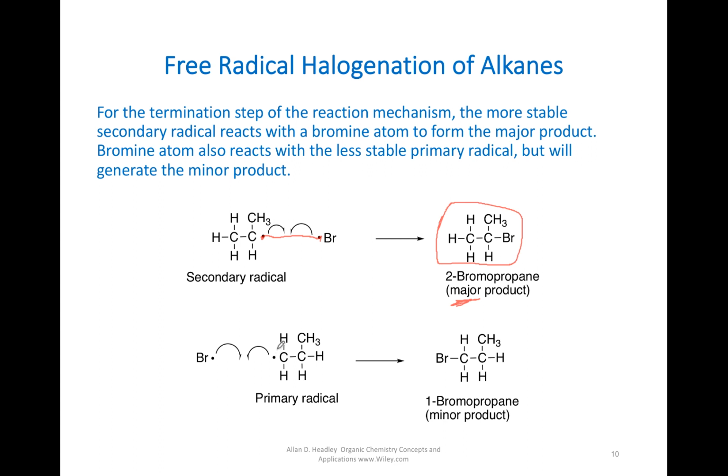As the minor product, which is 2%, the primary radical, if it's formed in very minor quantities, will bond here with the bromine to give 1-bromopropane, which is now the minor product. But the bottom line is that's the major product, because bromine is less reactive and will be selective to react with the weaker CH bond.